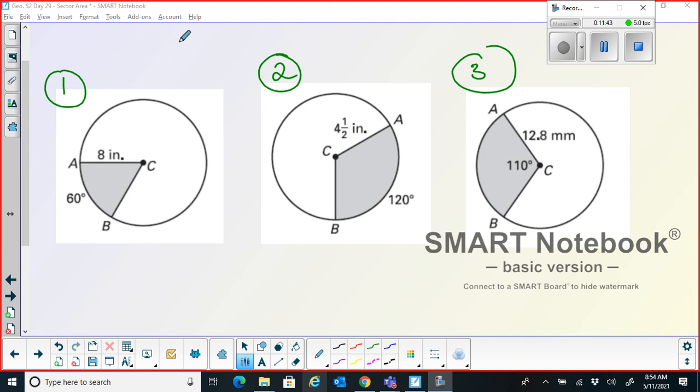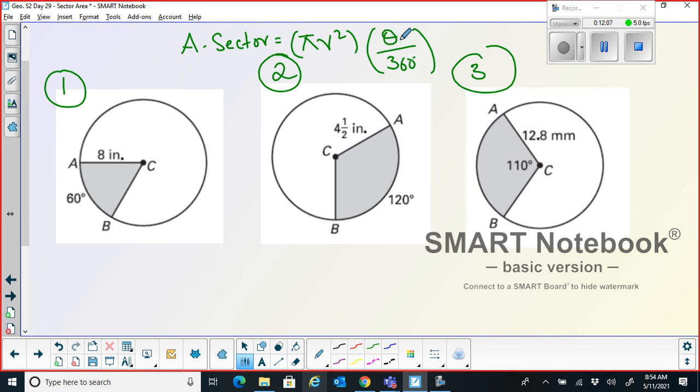I'll call area of sector equals, we learned that it was pi r square, the area of circle, times the angle made by the sector, that is theta, divided by 360 degrees. You can use a different symbol here; I'm using theta.